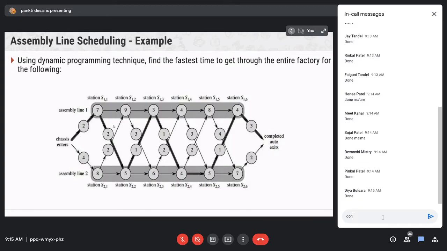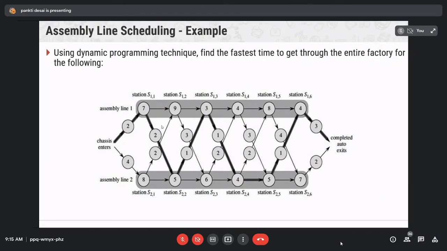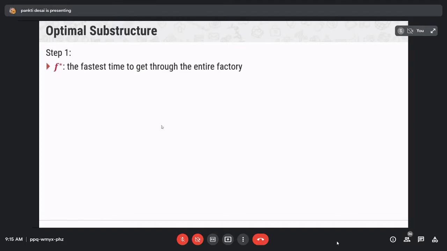So now, using the dynamic programming technique, we have to find the fastest time to get through the entire factory for this example. Step number one in dynamic programming is to find the optimal structure.